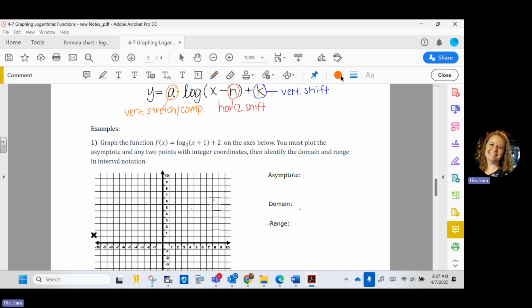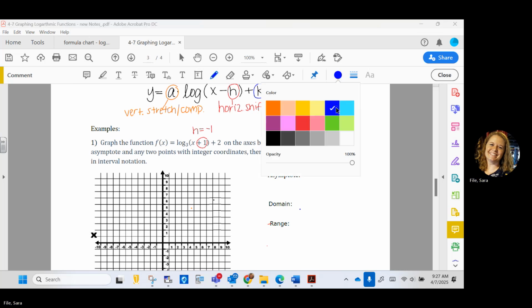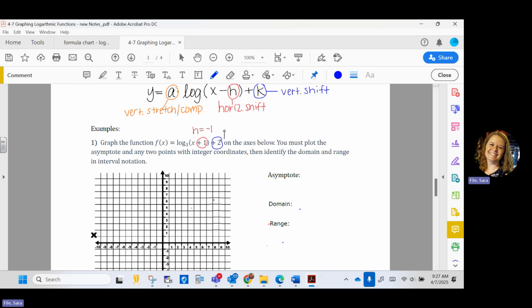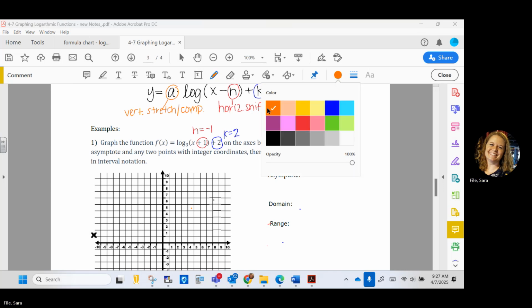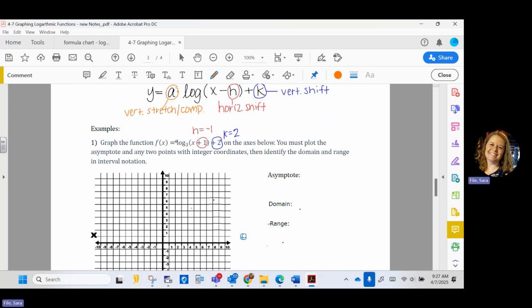So this +1 on the inside, remember, it's the opposite sign that you see here because there's a minus in the equation. So H is actually -1. And then K is +2. And then your A value here, if there's nothing multiplied in front of the log, what is A understood to be? 1. Okay, so you need to be able to identify a, h, and k.